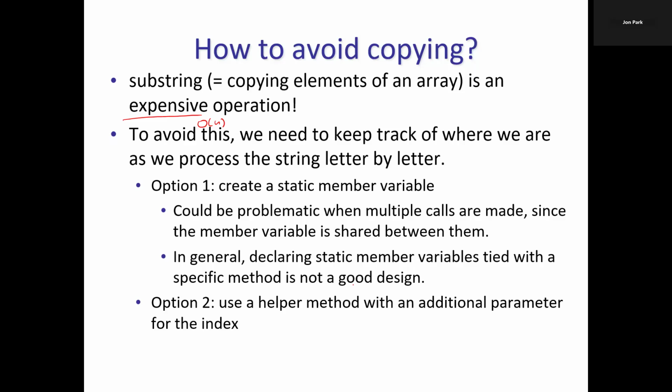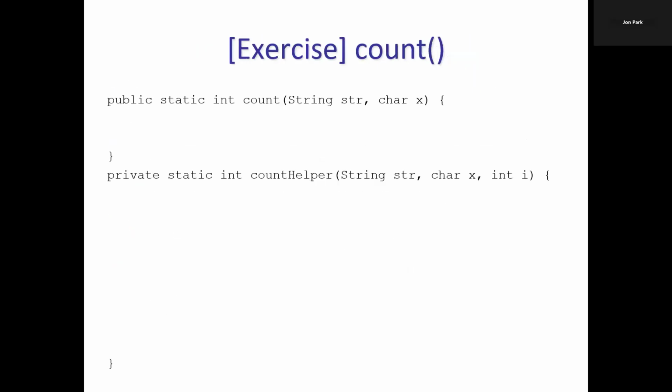So let's take a look. Again, we're not going to go with option 1, and we're going to go with option 2. We didn't have this before, right? We just had the count method that takes in a string and char.